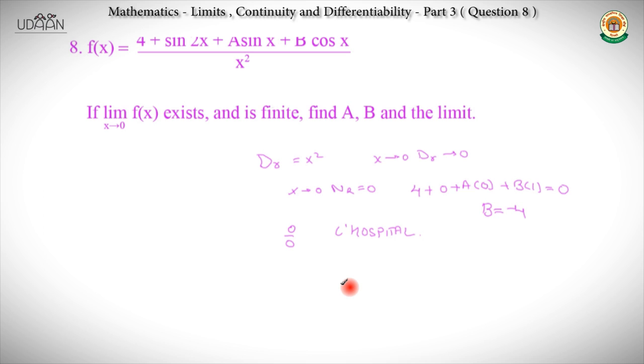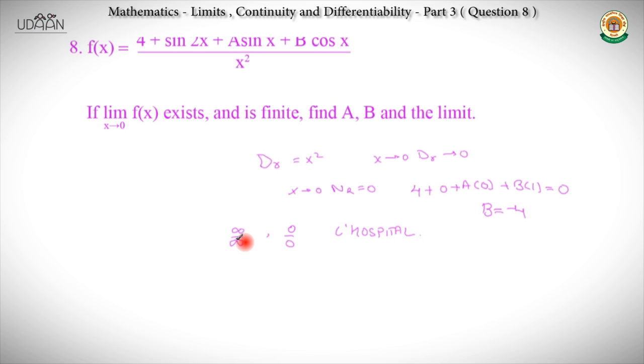So the two conditions are: one, it has to be 0 by 0, and two, whatever functions are in the numerator and the denominator should be differentiable at that point. It can also be infinity by infinity, so either 0 by 0 or infinity by infinity.